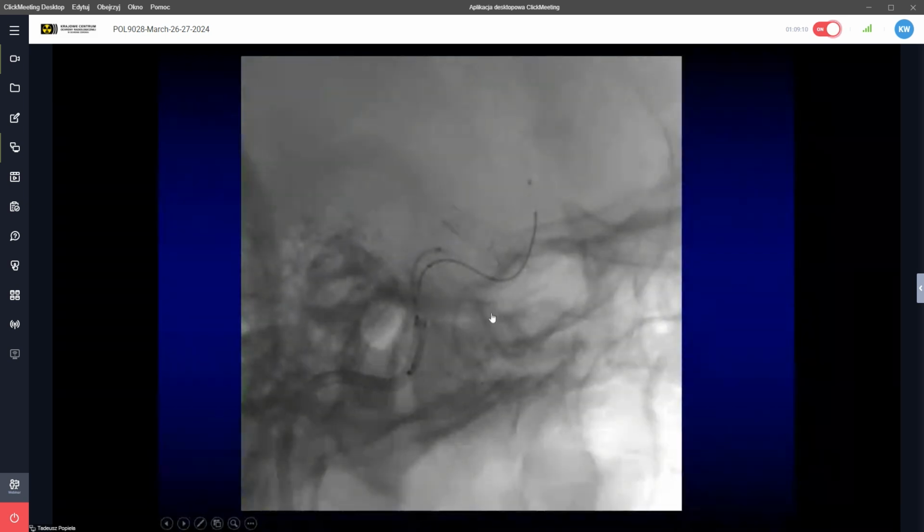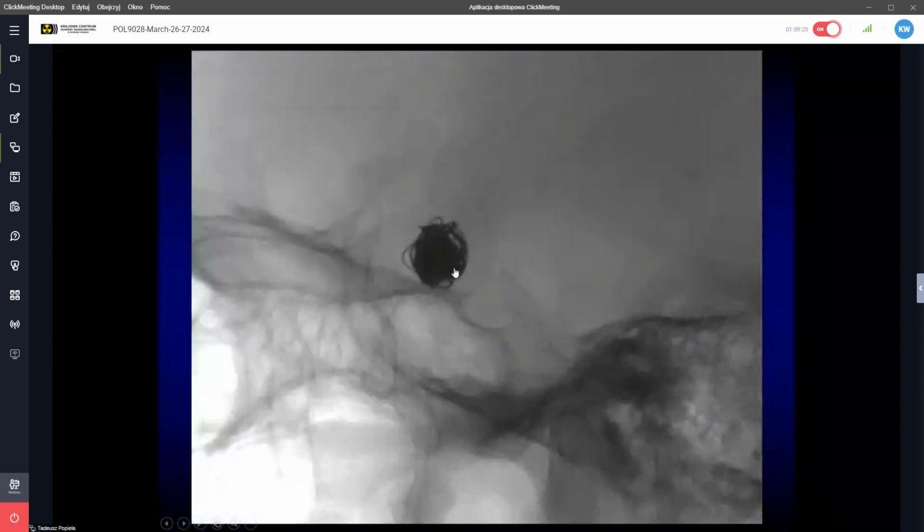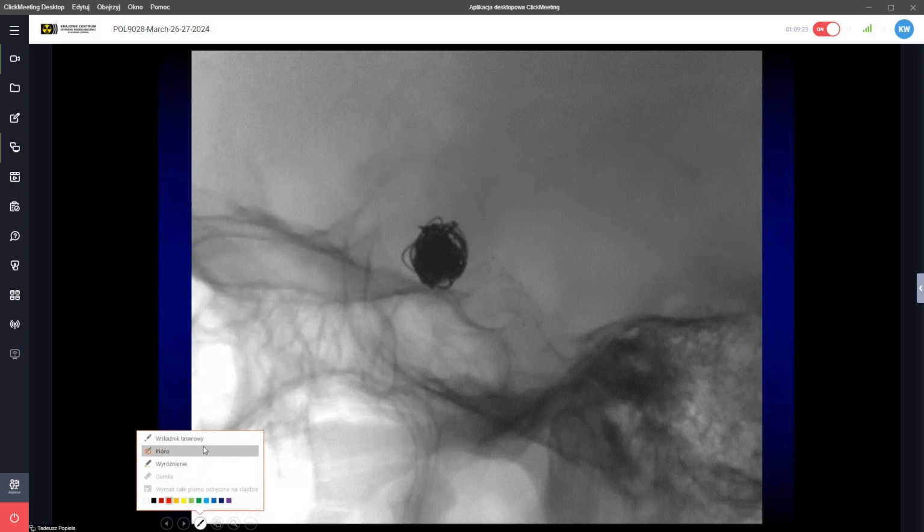And this is the next stage. You can see that the aneurysm is still open, and the microcatheter is a little bit in the lower part of the vessel. And here is the image after implantation of the stent. Here you see the distal part of the stent, the markers, the construction of the stent, and the proximal part of the stent.